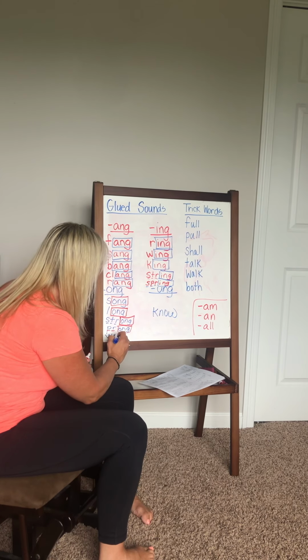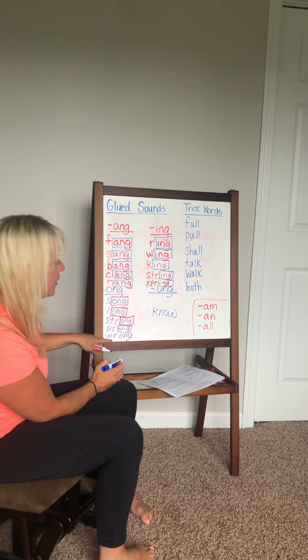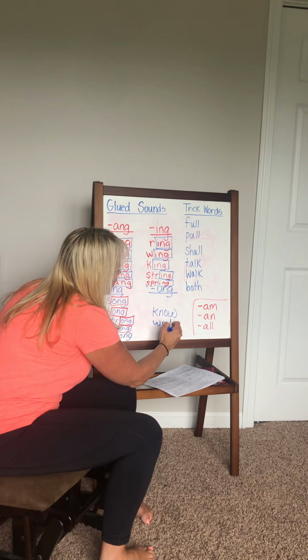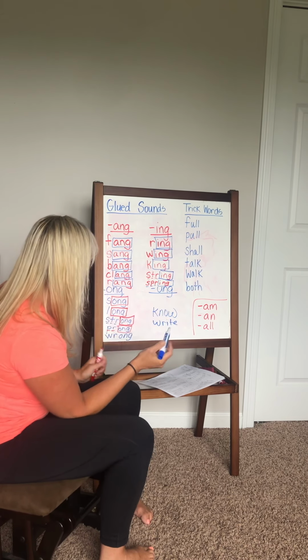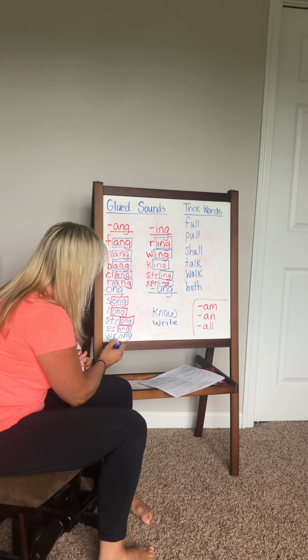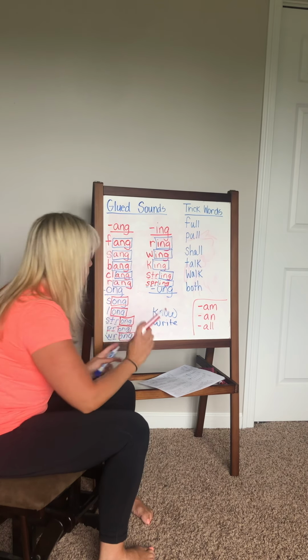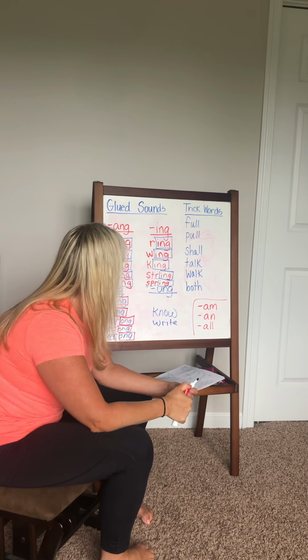It's the same thing when you have WR next to each other, the W is silent. Like the word write, like I'm going to write a word. So WR is a blend, and then we have our glued sound, ONG, that we need to box.